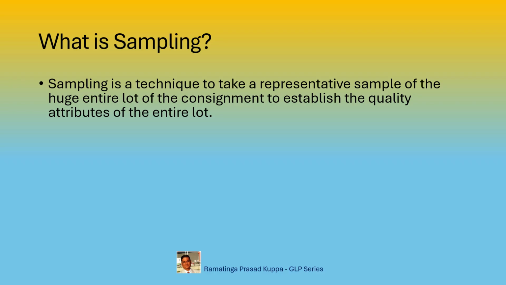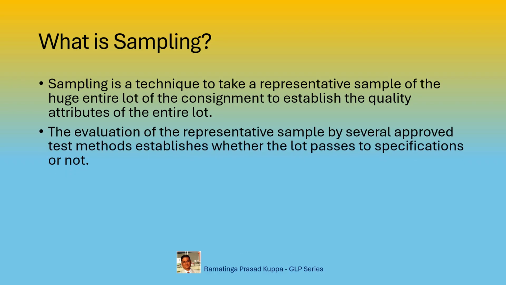The MIL standard also prescribes several options including multiple sampling, normal sampling, tightened sampling, sampling plans, etc. The evaluation of the representative sample by several approved test methods establishes whether the lot passes to specifications or not.